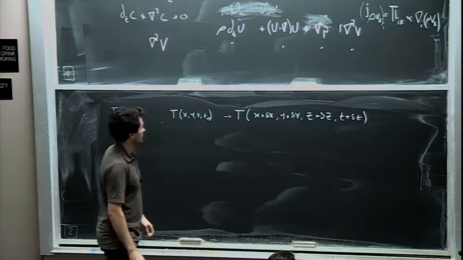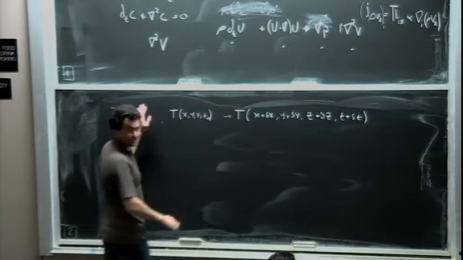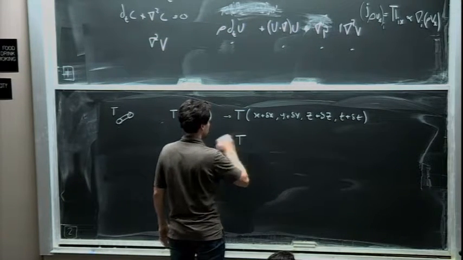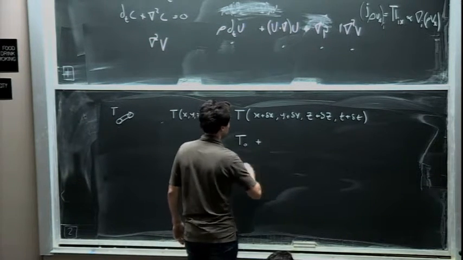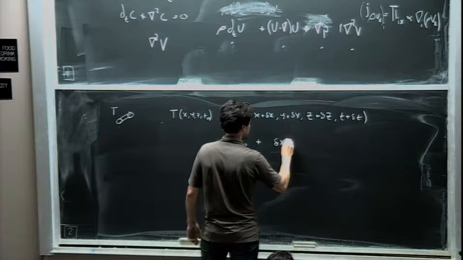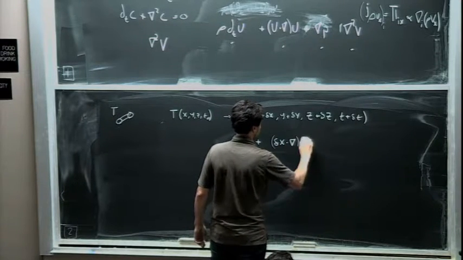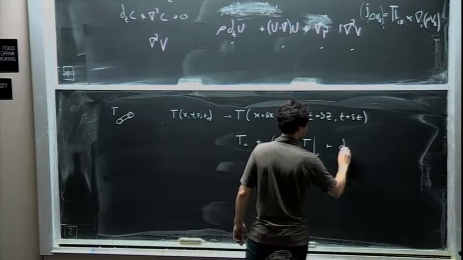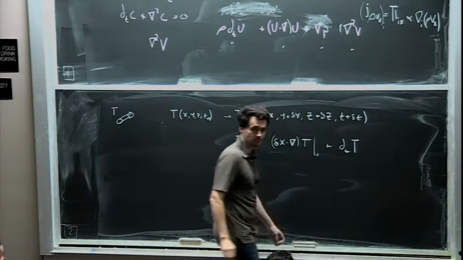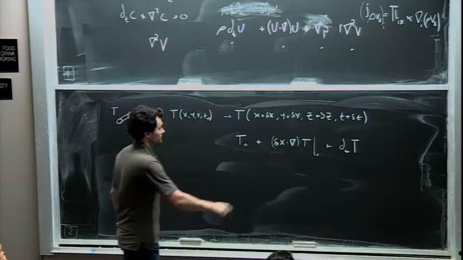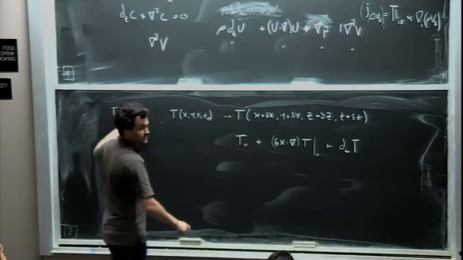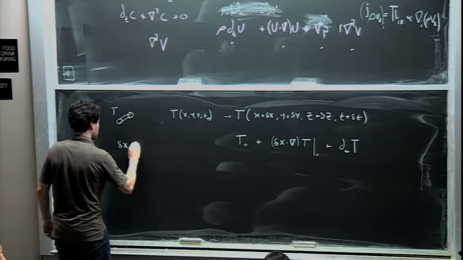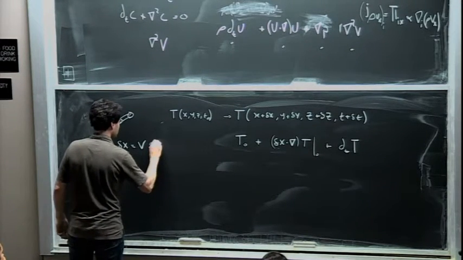If I consider just an infinitesimal motion, then I can expand this, and this is going to be equal to T naught, plus delta x dot grad times T evaluated at naught, plus dt of T. And if I think about my delta x in my little blob that moves, delta x is just equal to v times delta t.